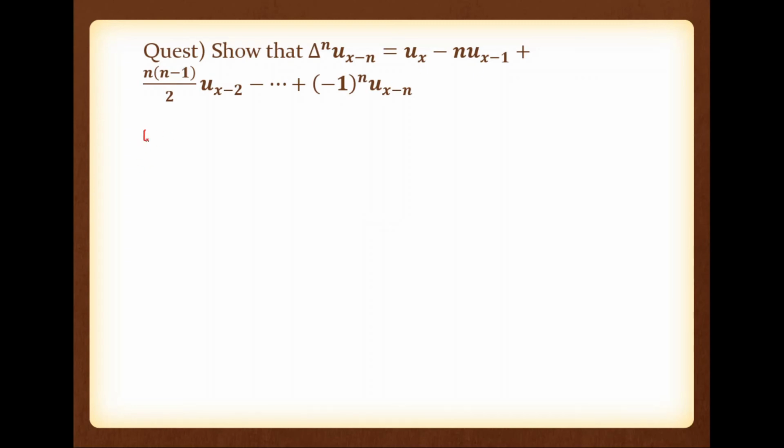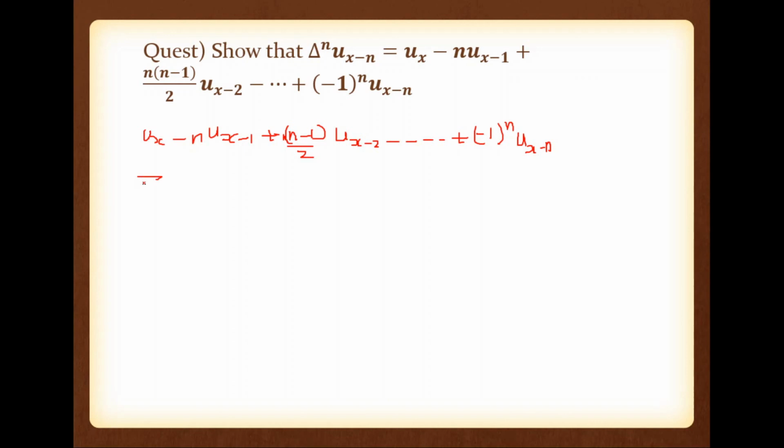Ux minus n ux minus 1 plus n into n minus 1 divided by 2 ux minus 2 minus etc. plus minus 1 all raised to n ux minus n, right?